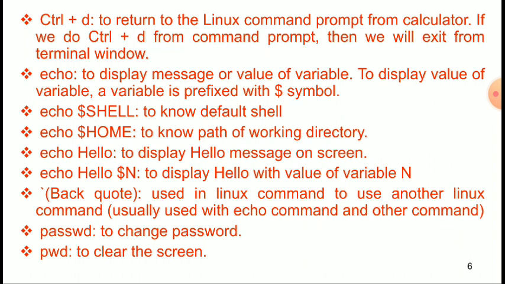And next command is echo $HOME, that means to know the path of the home directory. So check the command echo $HOME. Next command echo hello, that means to display the hello message on the screen.